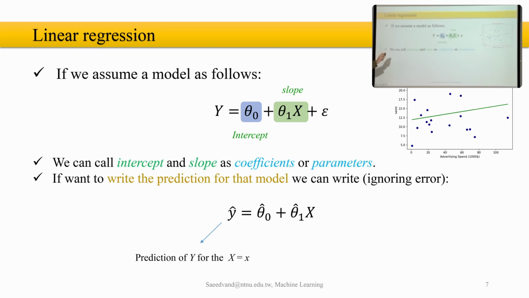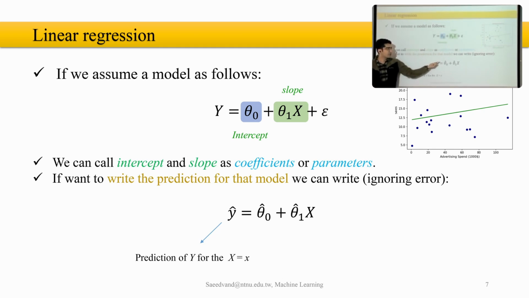If I jump ahead quickly, you may remember, if you are familiar with neural networks and deep learning, we are doing the same thing there, finding some parameters, but a much larger number of them, which we will discuss later. But here, for simplicity, we want to find the slope and intercept. How can we write this term? We usually write it in this form. The y hat, the predicted y, whenever you see this hat, you read it as the prediction of the model.